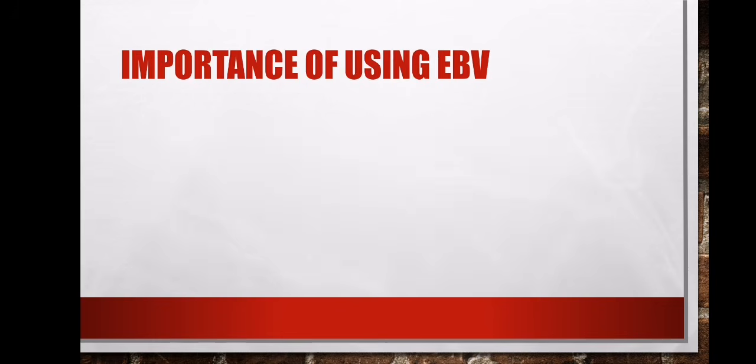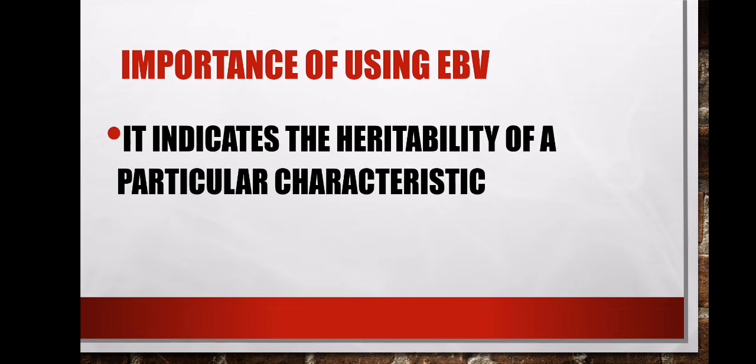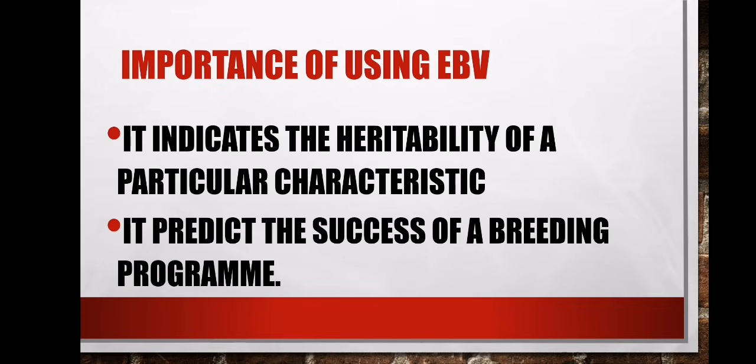Let us look at the importance before we go to the calculation. There are two reasons why EBV is important. One, it indicates the heritability of a particular characteristic. So it is the one that will tell us whether that characteristic will be transferred or will be heritable to the offspring. Two, it predicts the success of a breeding program.